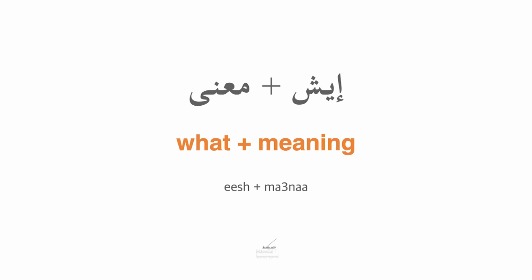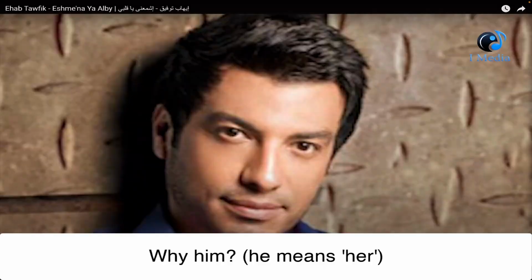So معنى means meaning. إيش معنى? What is the meaning? And Egyptians used the combination of these two words in order to form a new word, which is إيش معنى, اشمعنى, which is actually why.